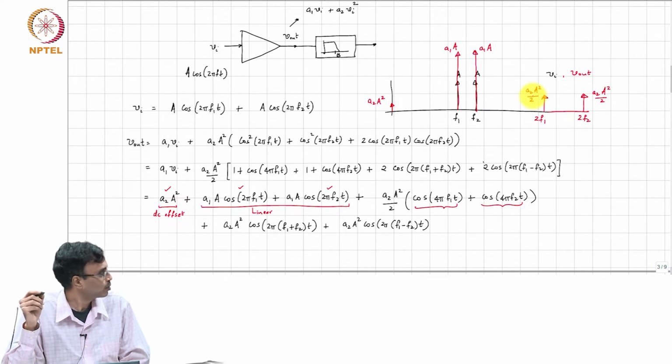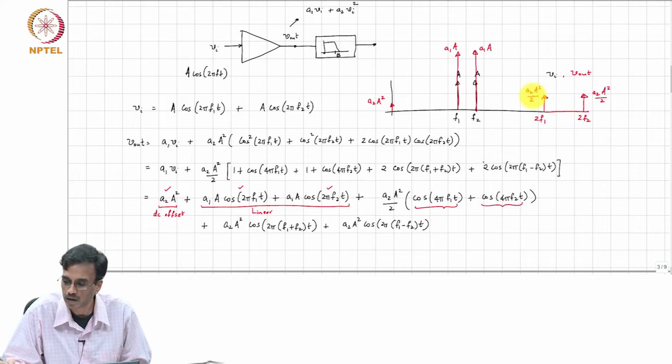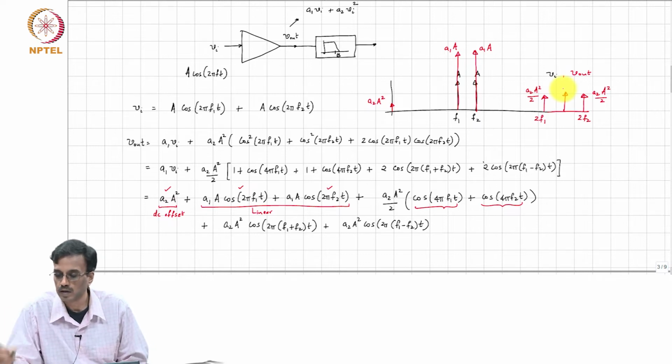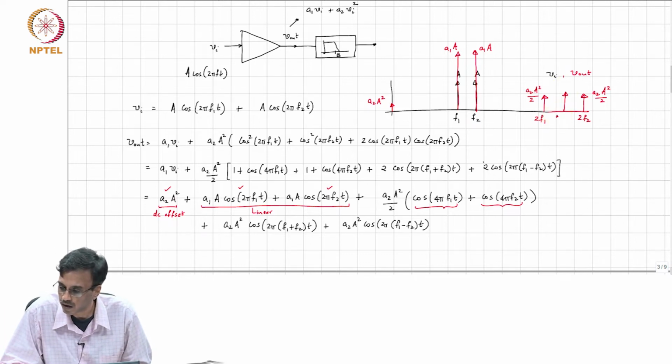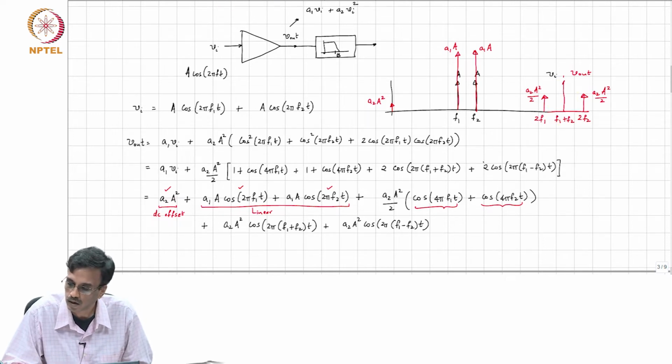If f1 and f2 are close, let's say representatively that this is f1 plus f2, and this is A2 A square.